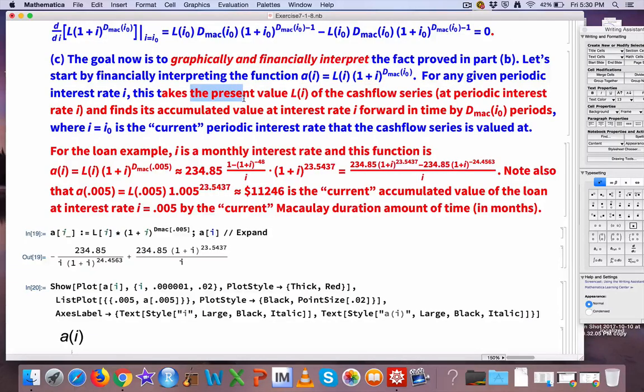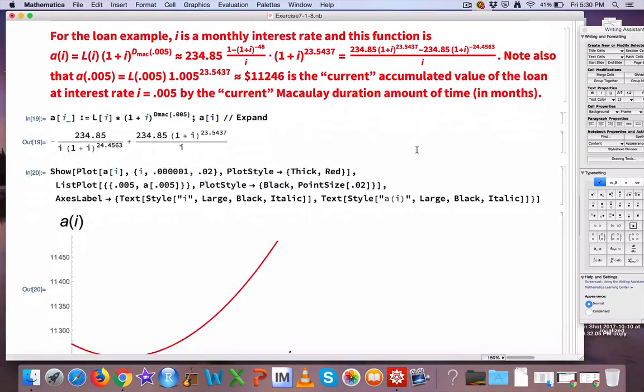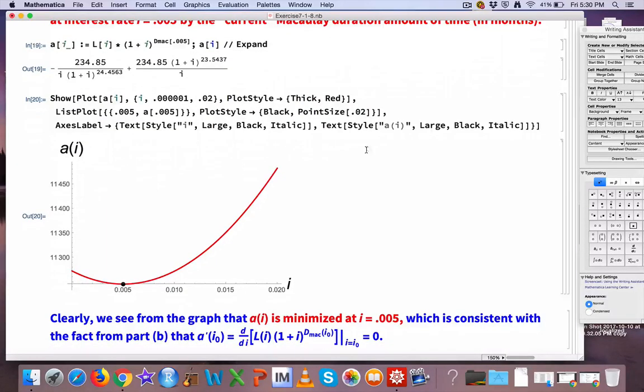So this present value L of I, forward in time by Macaulay duration number of periods, where I0 is the current periodic interest rate at which it was valued, based on their $10,000 loan, has a minimum at 0.005. At other interest rates, A of I has other values that time in the future.